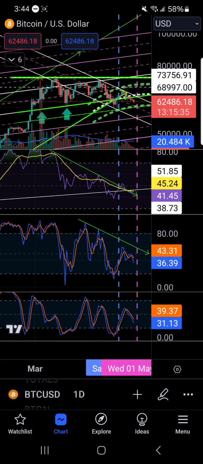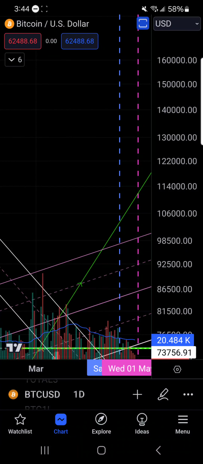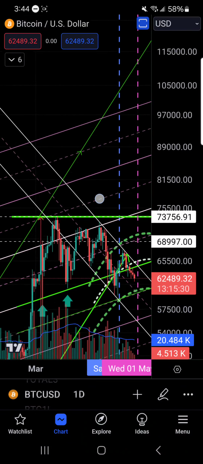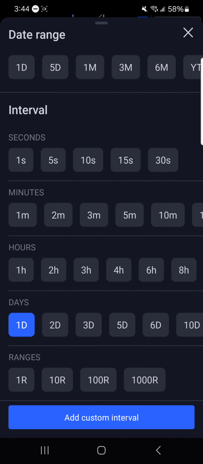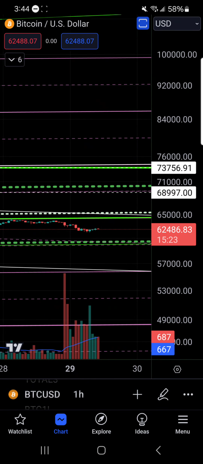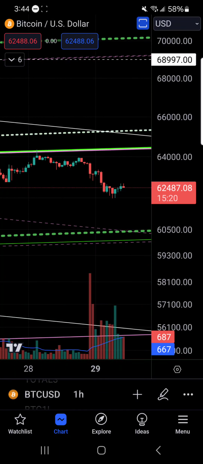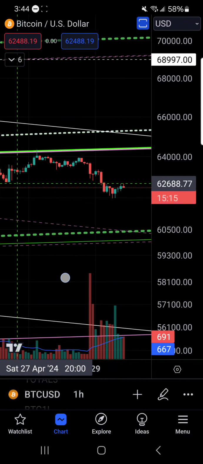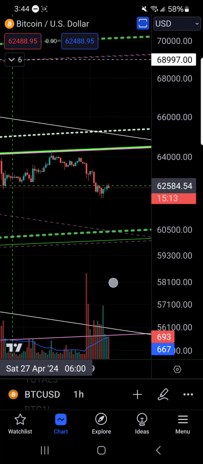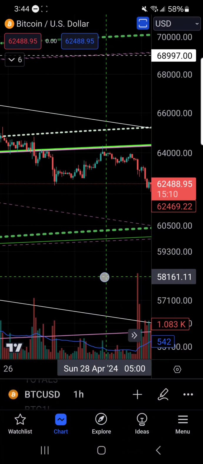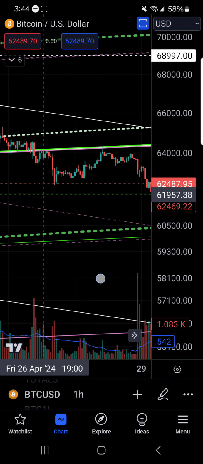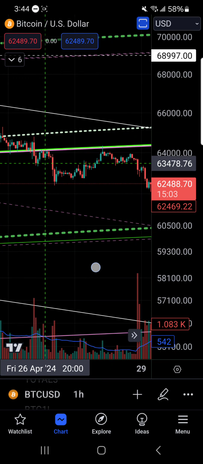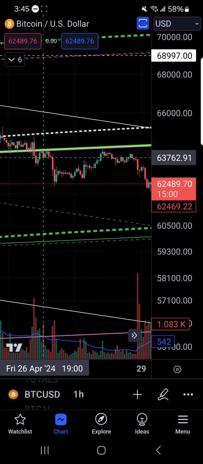And here we are back on the Bitcoin chart. Of course, they always start me with all those other things on the bottom that I don't really want. Now, in order to figure out where we closed on Friday, we have to go to an hourly chart. And we closed wherever the candle finished at 1900 hours on Friday, which would be right there.